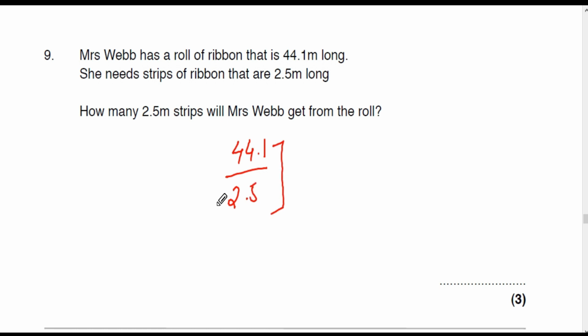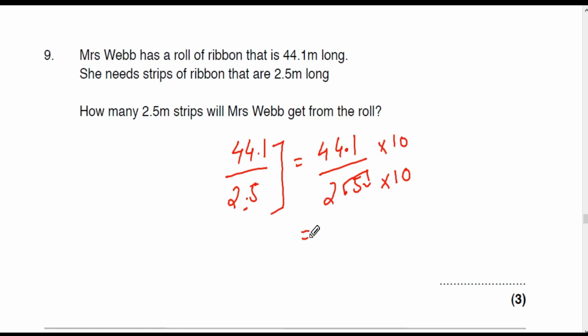It seems very easy, but remember, you have a decimal in the bottom number. So you have to remove your decimal, remember this. So how can you remove it? How many times do you have to move your decimal forward? 1 time. It means you need to multiply by 10 in the bottom and 10 in the top.